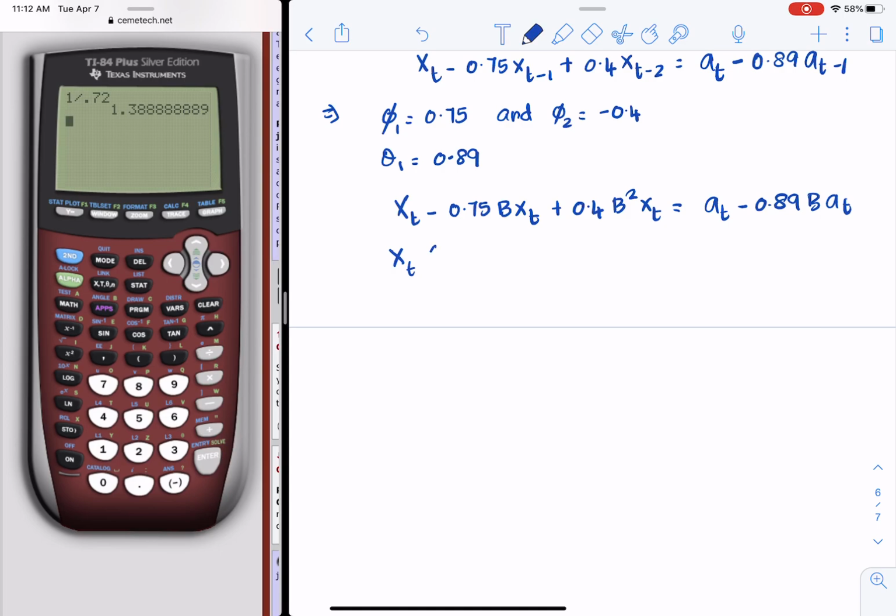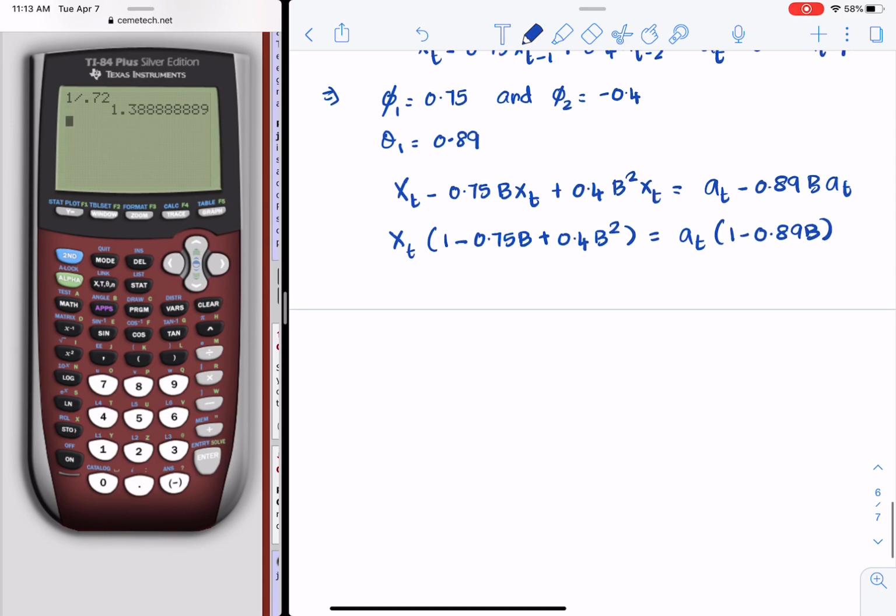Let's pull the xt out on the left hand side. We have 1 minus 0.75b plus 0.4 b squared. On the right hand side we have at times 1 minus 0.89 b.